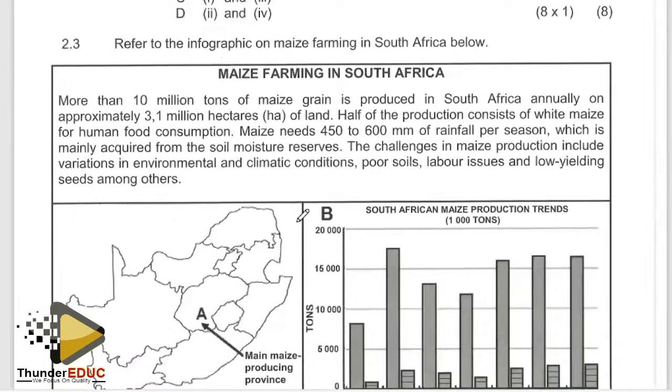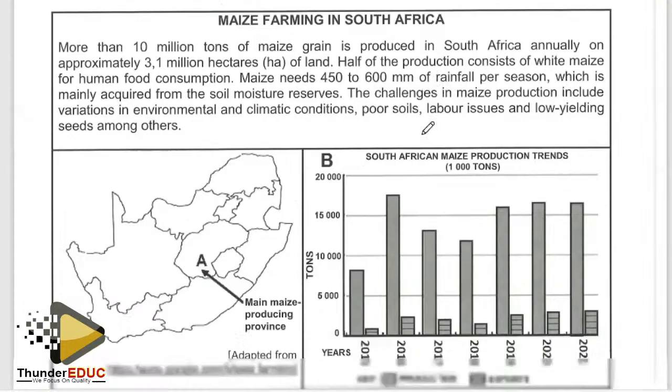2.3. It's about maize farming in South Africa. More than 10 million tons of maize is produced in South Africa annually on approximately 3.1 million hectares of land. Half of the production consists of white maize for human food consumption. Maize needs 450 to 600 millimeters of rainfall per year, which is mainly acquired from the soil moisture reserves.